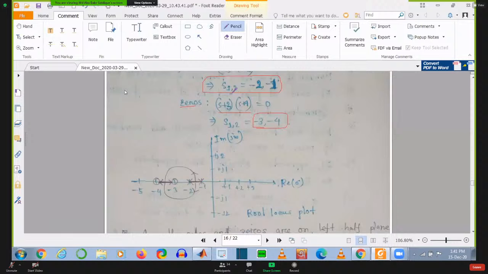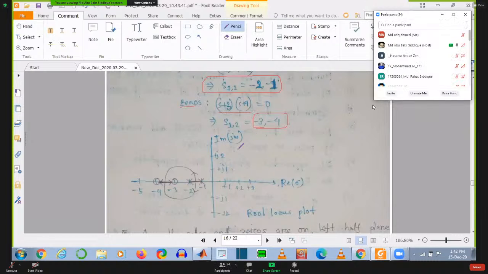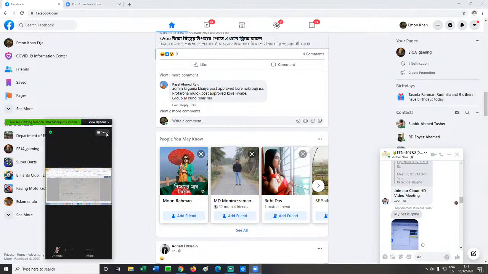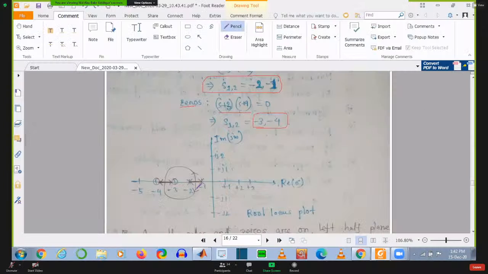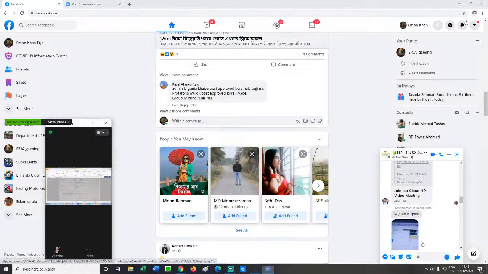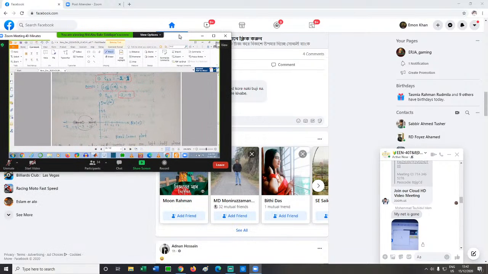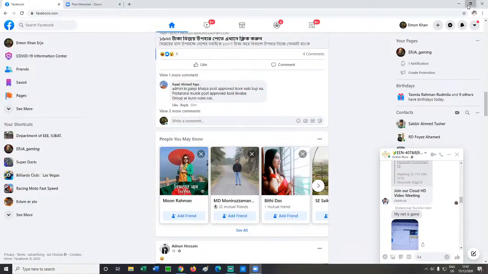The poles are at minus 1 and minus 2, and the zeros are at minus 3 and minus 4.